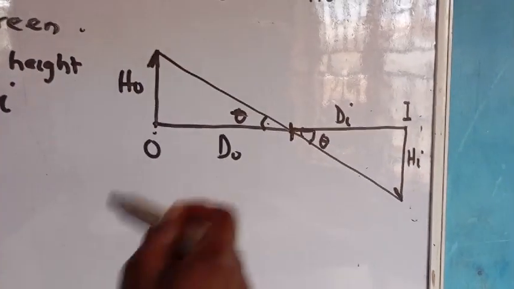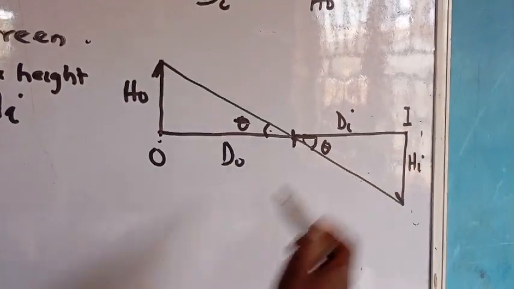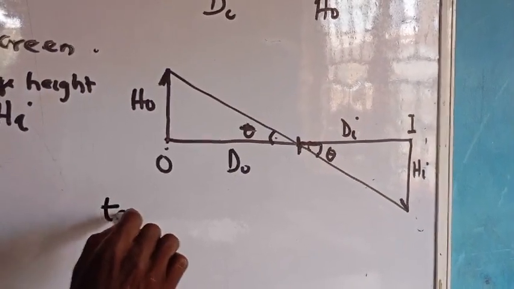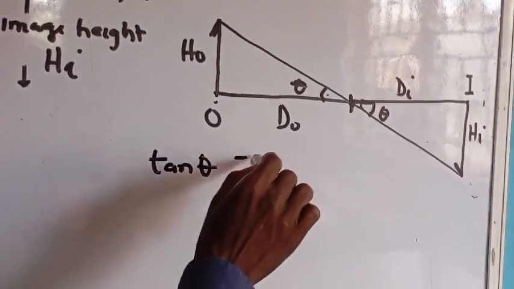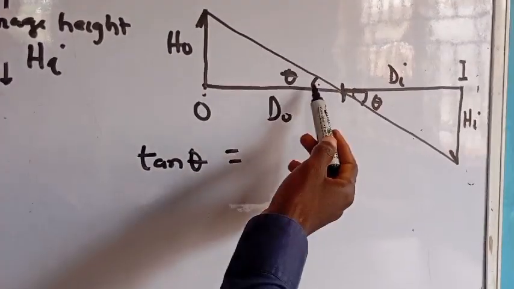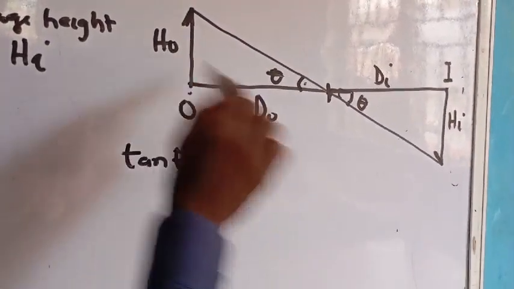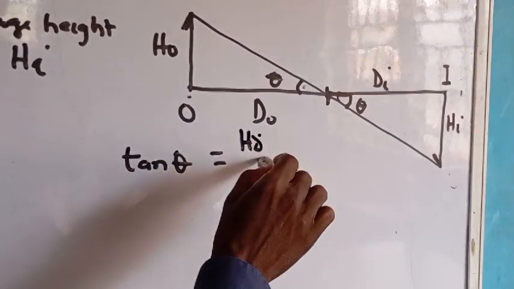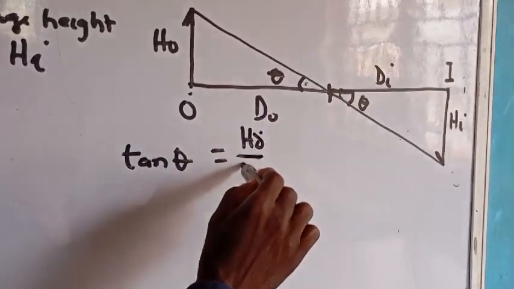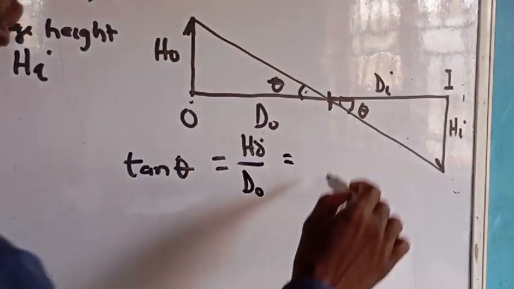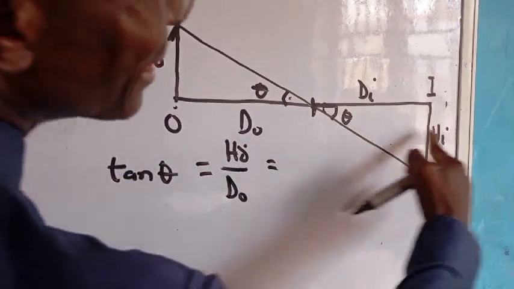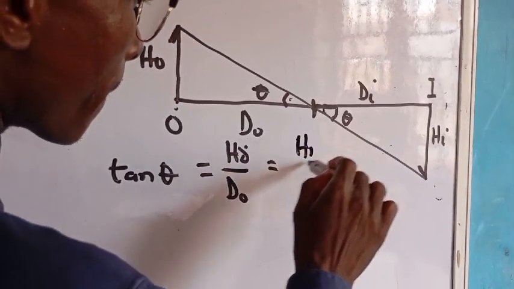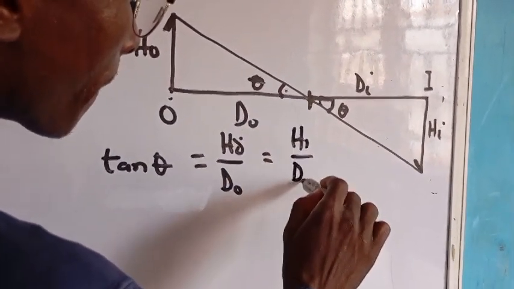Now, according to tangent of an angle, tan theta is opposite over adjacent, which is this over this. Tan theta here is this over this.